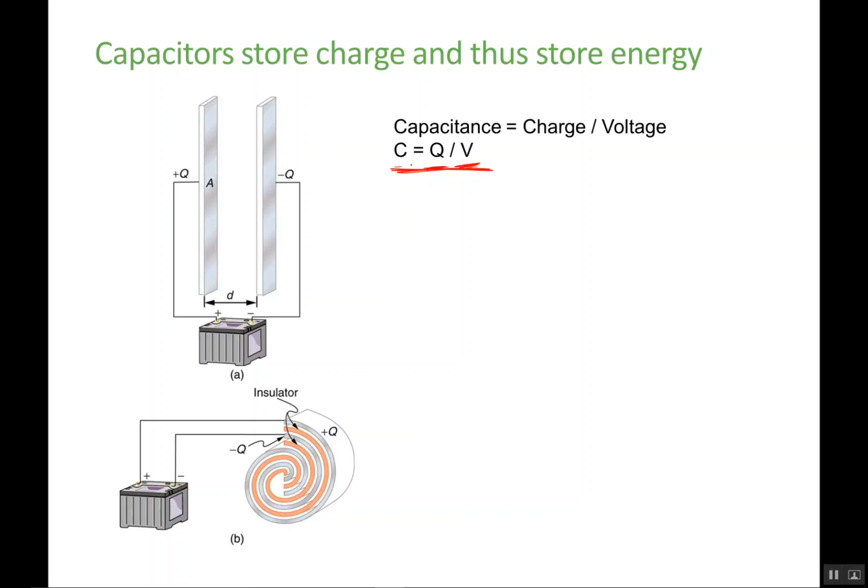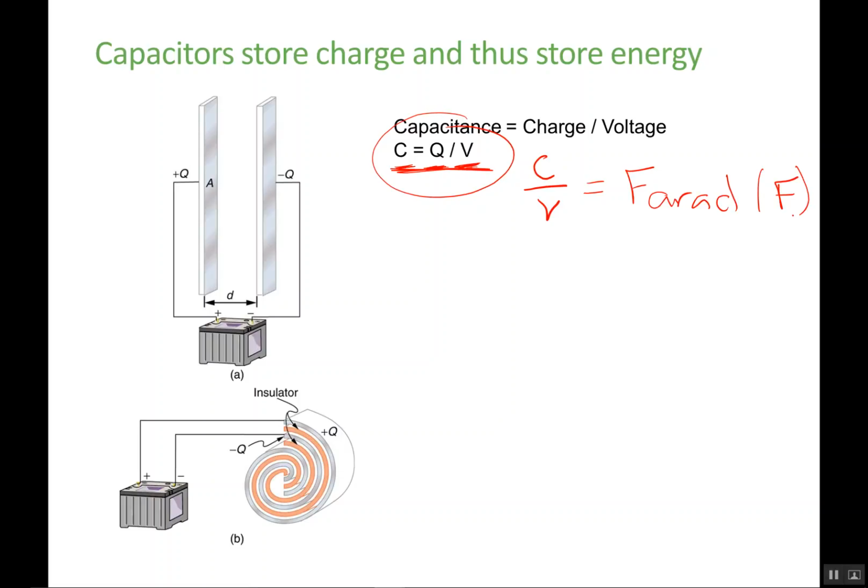So you can think of capacitance as charge per unit voltage. The units of capacitance would be coulombs per volt. Here the C means coulombs, not C for capacitance. And this is equal to a unit called a farad, abbreviated F for short.